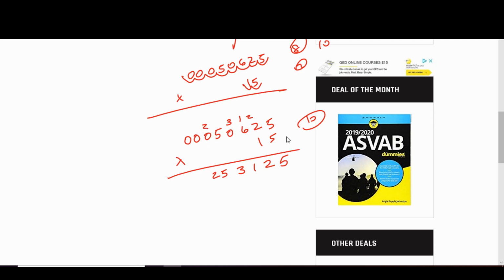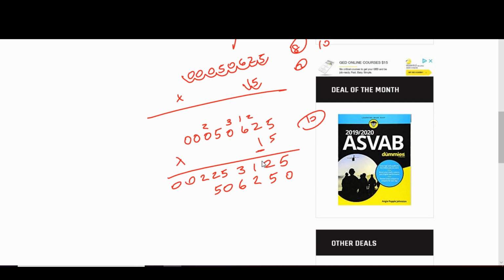Carry the 2. 5 times nothing is nothing, plus 2 is 2. And then 5 times 0 is 0. 5 times 0 is 0. Let's go ahead and drop down a 0 since we're starting this number. 5 times 1 is 5. 1 times 2 is 2. 1 times 6 is 6. 1 times 0 is 0. 1 times 5 is 5.